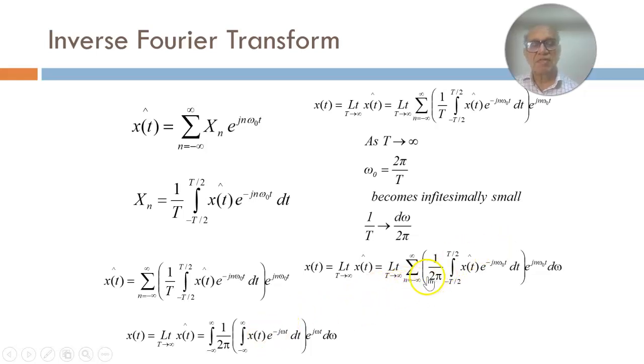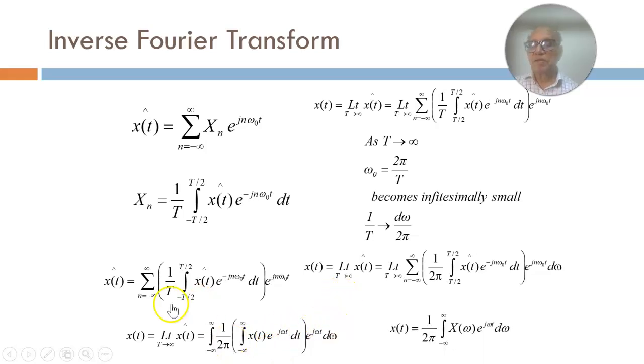So this is replaced by an integral as t approaches infinity. This is 1 by 2 pi, and now this is minus infinity to plus infinity e raised to minus j omega t dt, and x hat t becomes xt.